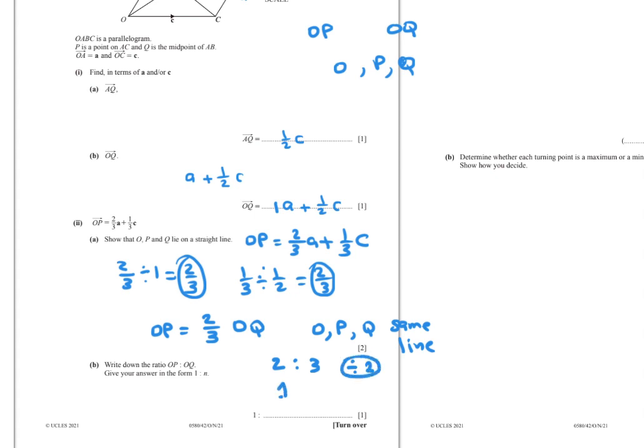So this will be 1 to 1.5. Or you can write 2 over 3 equals 1 to n, then cross multiply to find n. 1 multiplied by 3 divided by 2, you get n equals 1.5.